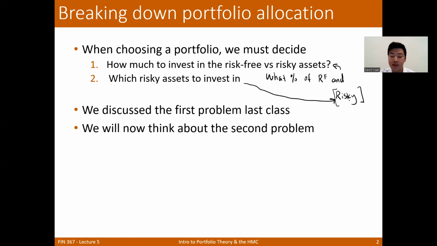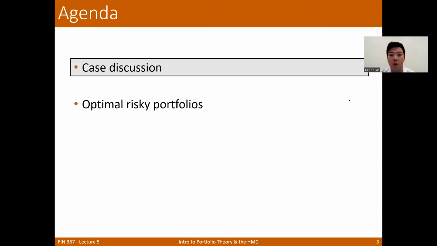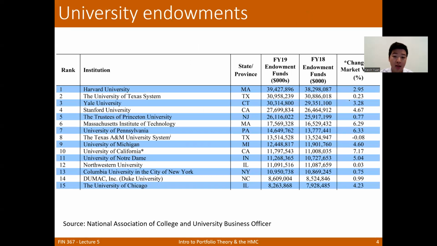So let's give you some intuition on what we're talking about in the case discussion study. The case study focused really on Harvard, but it really underpins the importance of university endowment money. What I've shown over here is the ranking of the top 15 universities as well as their endowment funds, going back to 2019. And you can see that the University of Texas system is actually at number 2, so it's a big player.